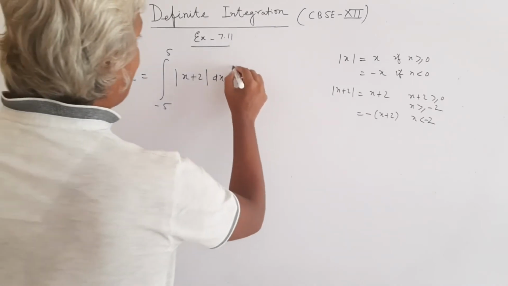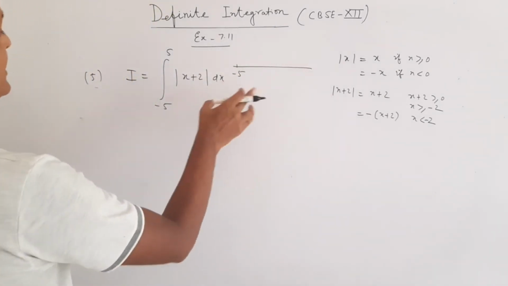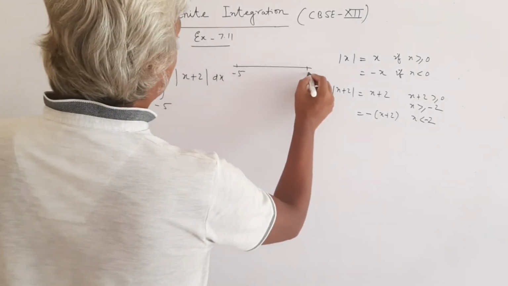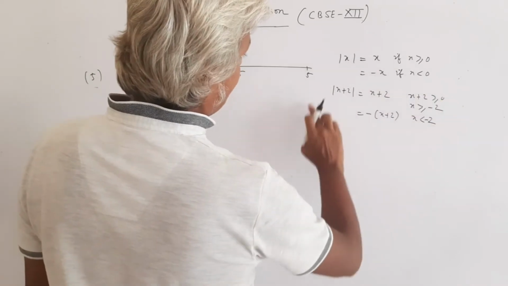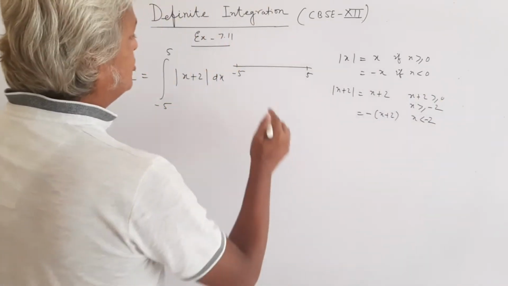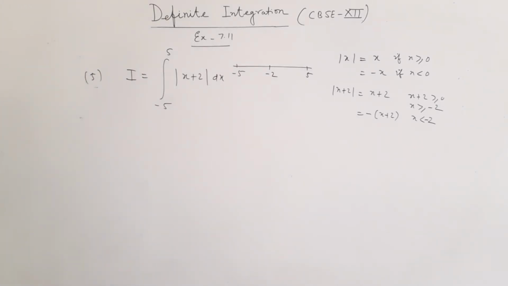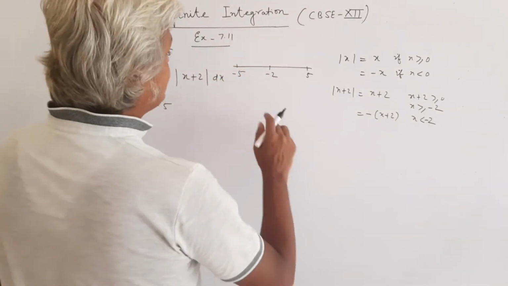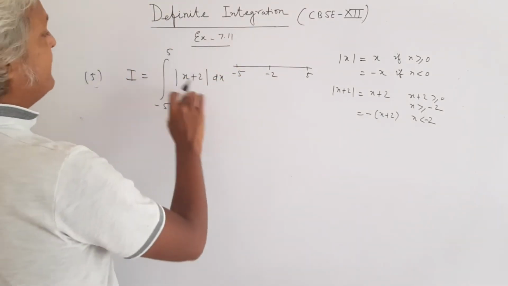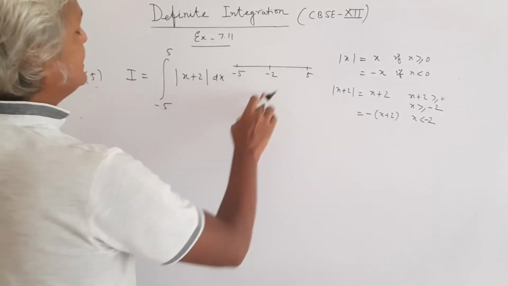So now we have a set of values. We are asked to find the value of the integral between minus 5 and 5, and the definition of this mod gives me a critical value, that is minus 2, which interestingly lies between minus 5 and 5. It means I can break my limit using property 3, which says that the integral a to b of f(x) dx is a to c plus c to b if c is between a and b.